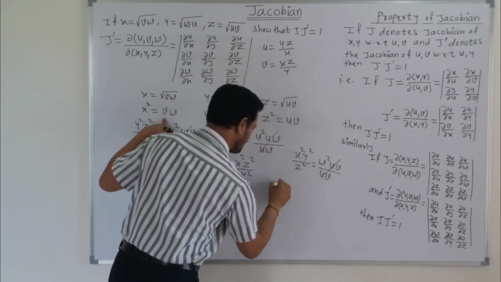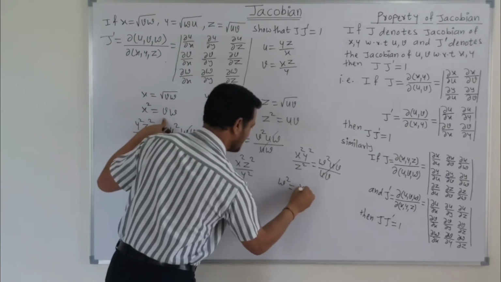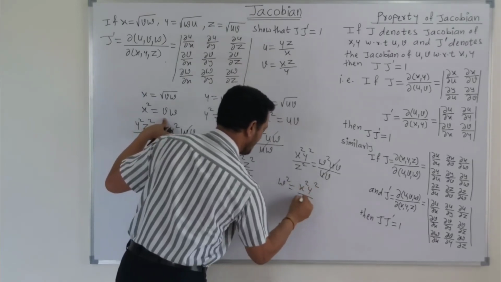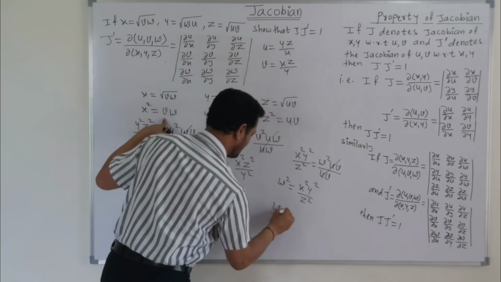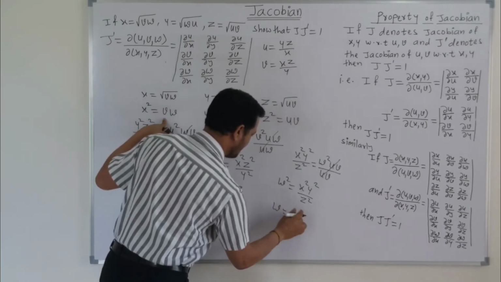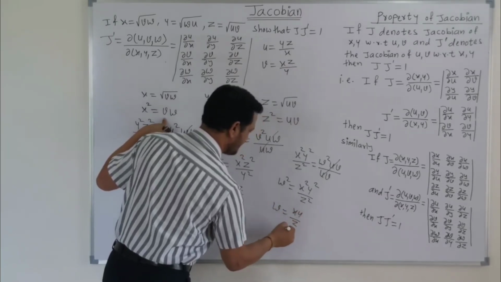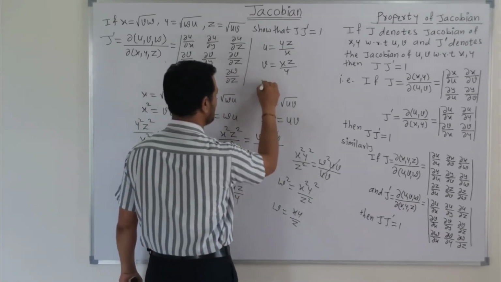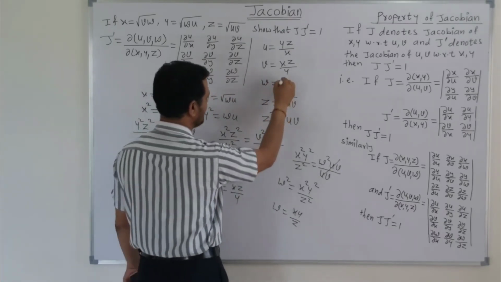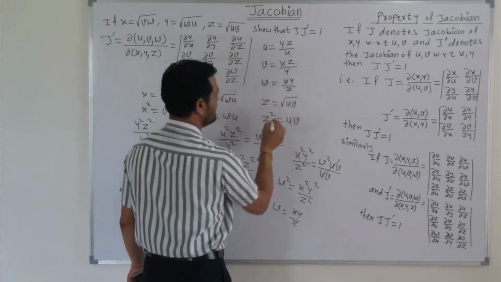These two terms will get cancelled and we get w square is equal to x square y square upon z square. That means the value of w is xy upon z. For simplicity purpose, I will write here w is equal to xy by z.